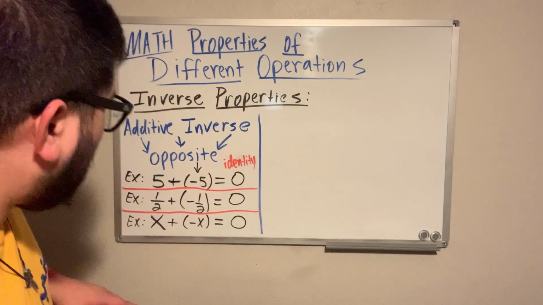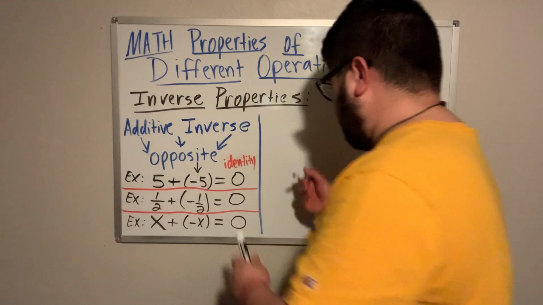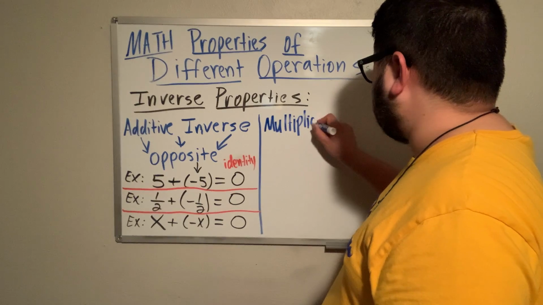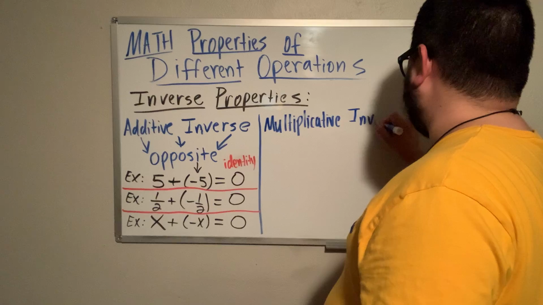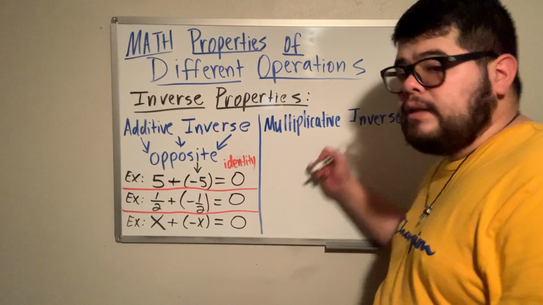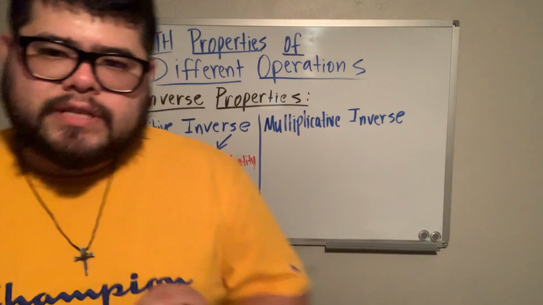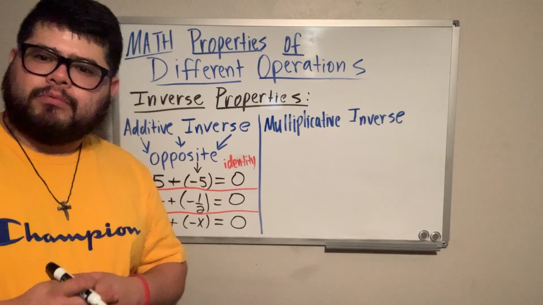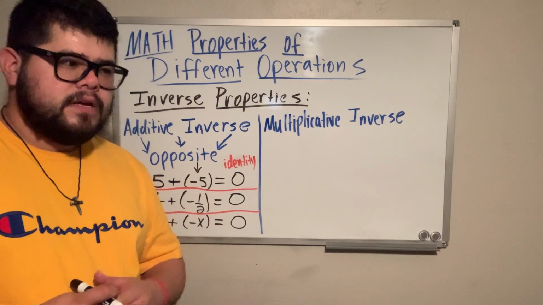Now we're going to go ahead and move on to the multiplicative inverse. And it means something different. It's not the same thing. Multiplicative inverse means, and this is a word we've dealt with before when we did keep, change, flip, when we divided fractions.